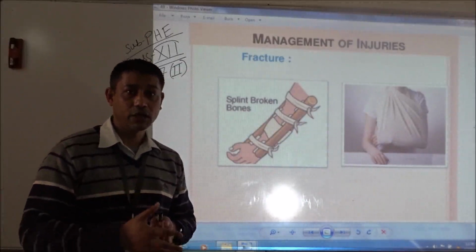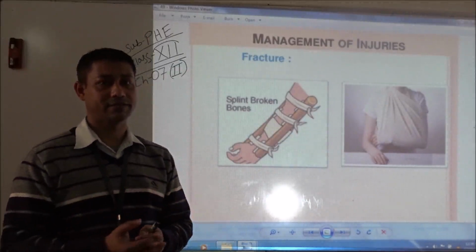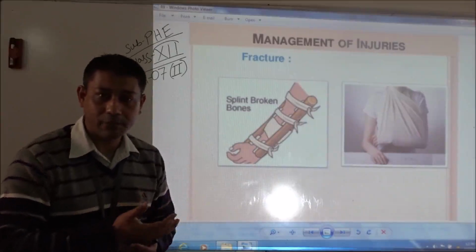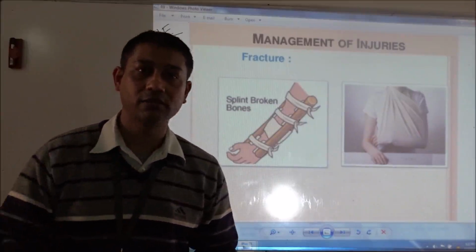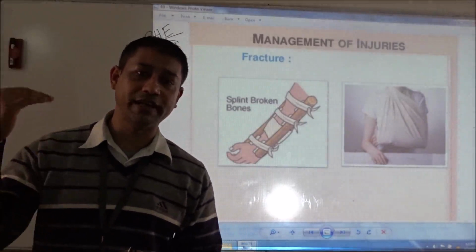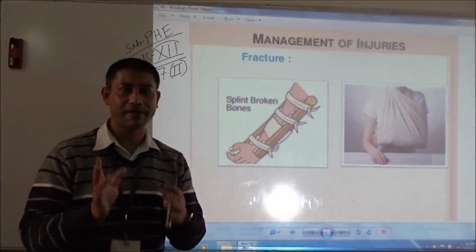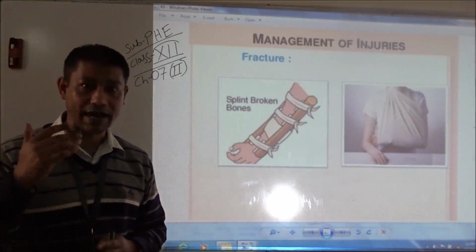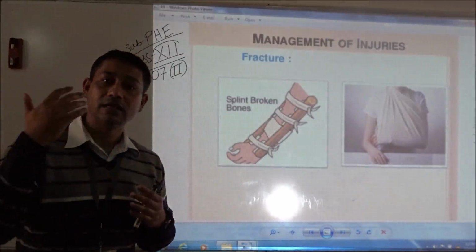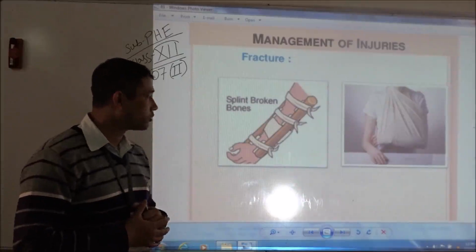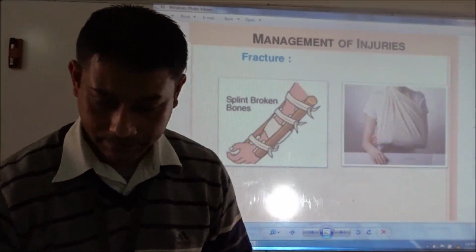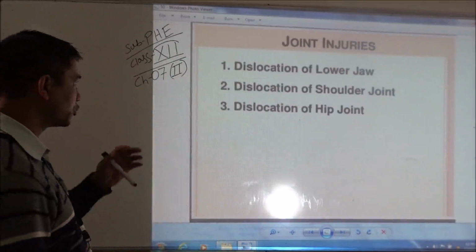That is why, to restrict further movement, support is given. Then after reaching the hospital or nearest doctor, they are the best medical experts who can handle the intense cases.